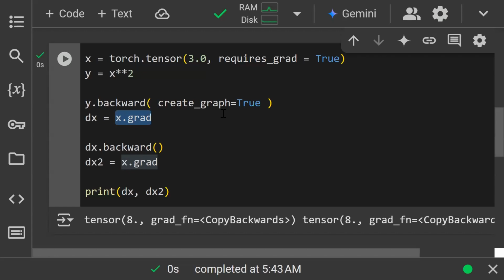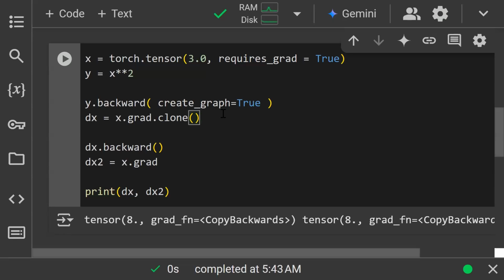After x.backward, the value of x.grad has changed, okay? So dx2 is yet another pointer to x.grad, pointing to the same thing. And therefore, first of all, the values of the two are exactly the same. So a simple fix is to do this, x.grad.clone().